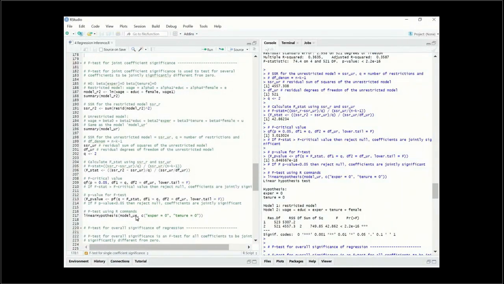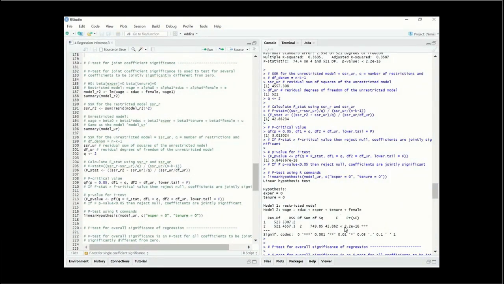So the unrestricted model is this model here that has all of the variables in the model. And then we're going to be testing for the coefficient on experience equals 0, joint test with the coefficient on tenure equals 0. Notice that again, this is not that experience itself is equal to 0, but the coefficients on experience and tenure are equal to 0.